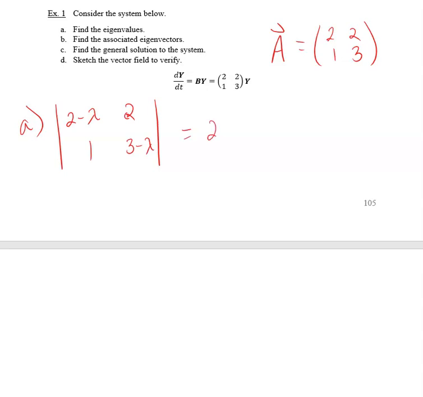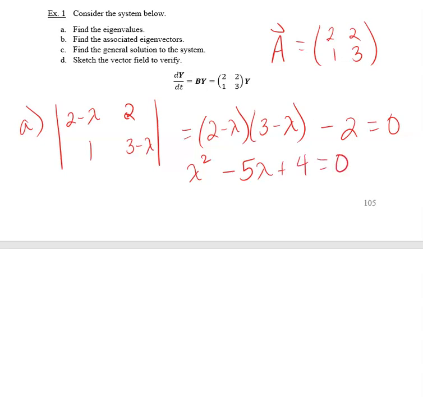That would just be 2 minus lambda times 3 minus lambda minus 2 times 1, and we're going to set that equal to 0. That would give me lambda squared minus 5 lambda, and then plus 6 minus 2, which would give me plus 4.